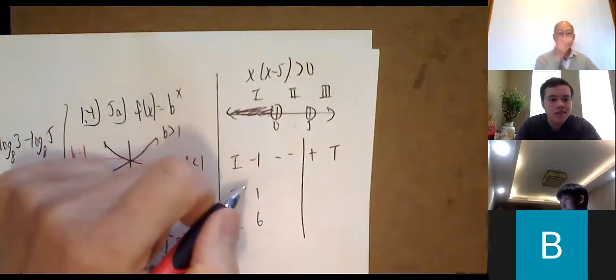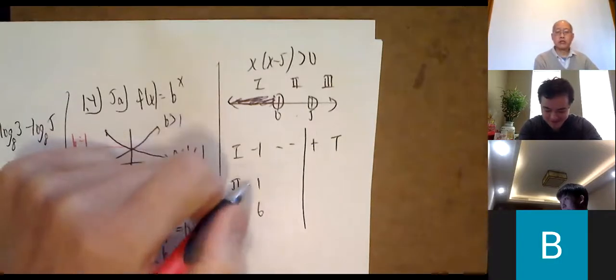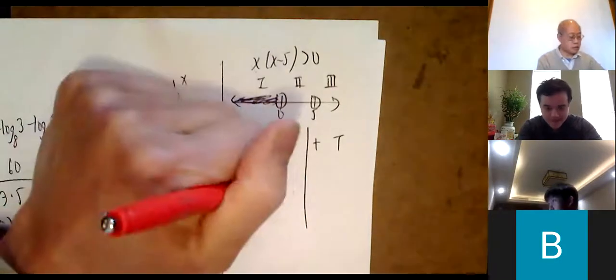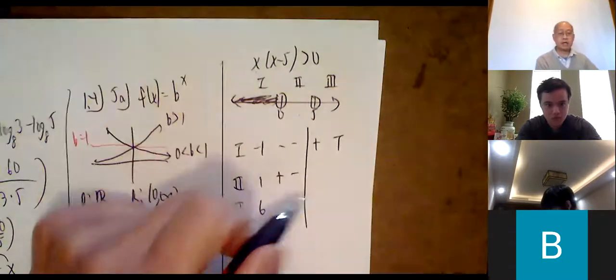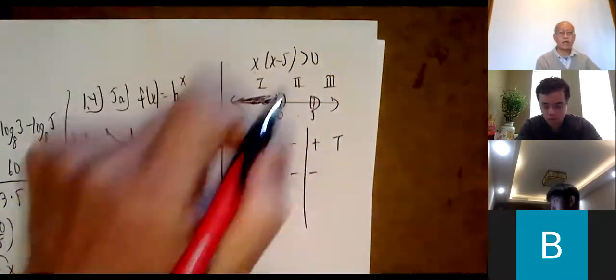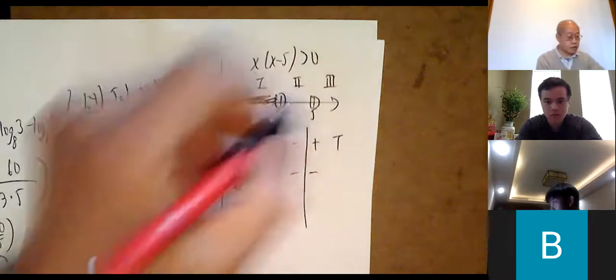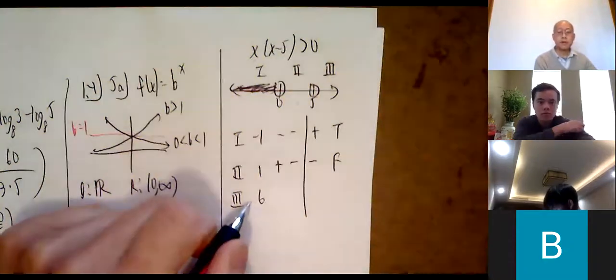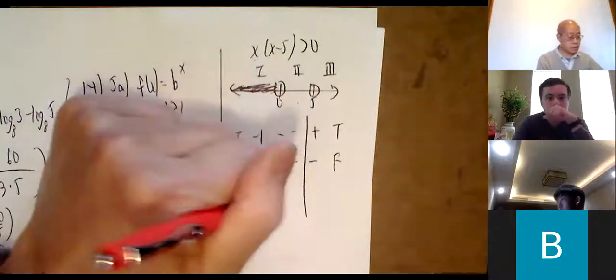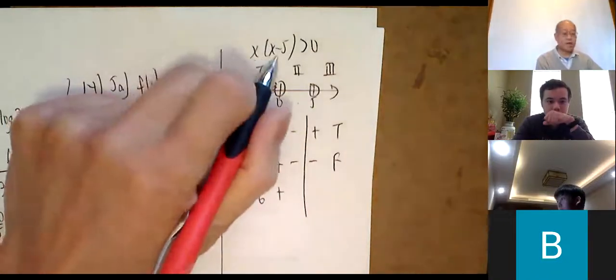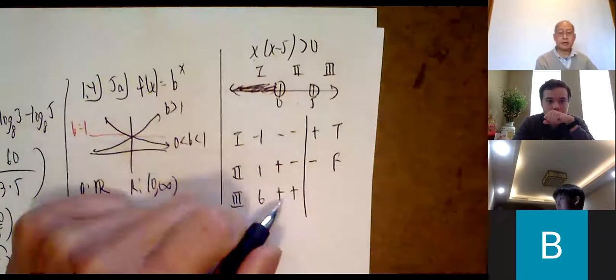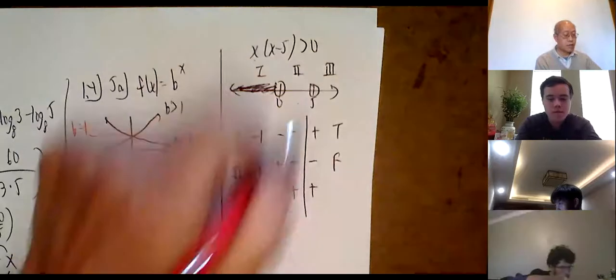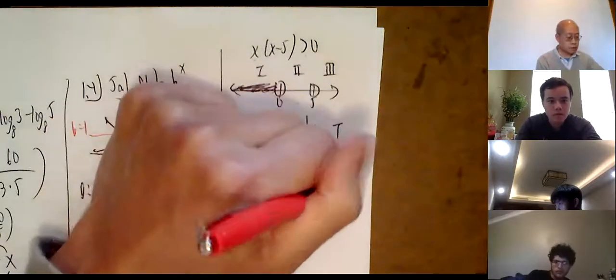Shade region 1. Region 2, plug in 1. 1 is positive, 1 minus 5 is negative. Positive times a negative is negative. Is a negative greater than 0? No, that's false. So do not shade region 2. Region 3, 6 is positive, 6 minus 5 is positive. Positive times a positive is positive. Is a positive greater than 0? Yes, that's true.